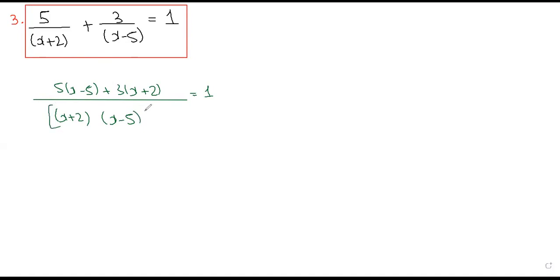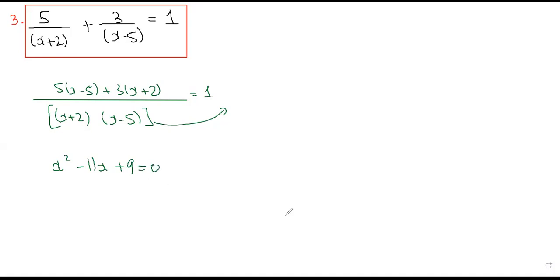Now the next thing is taking this entire thing to the other side. When you simplify this, we are going to get a quadratic equation: x squared minus 11x plus 9 equals 0.